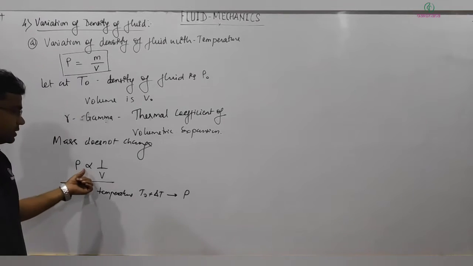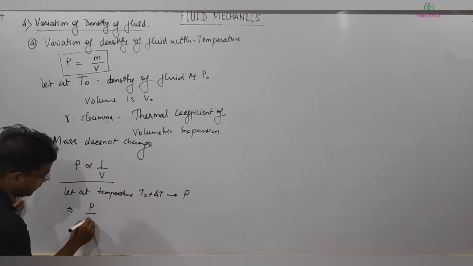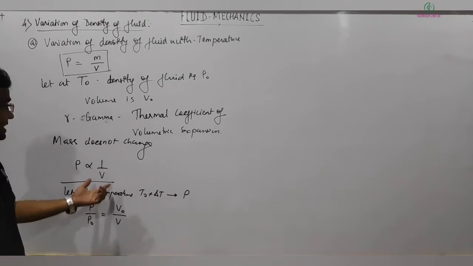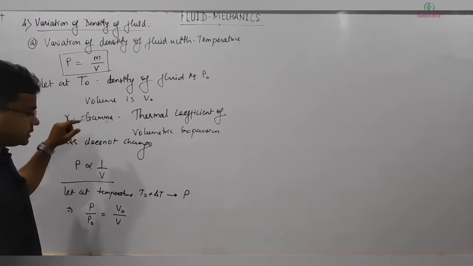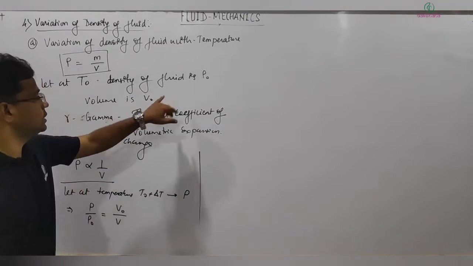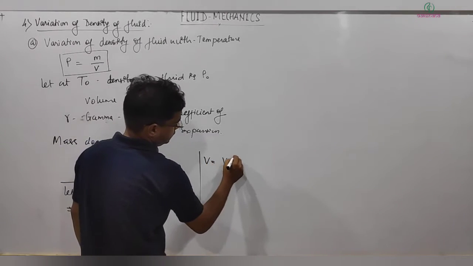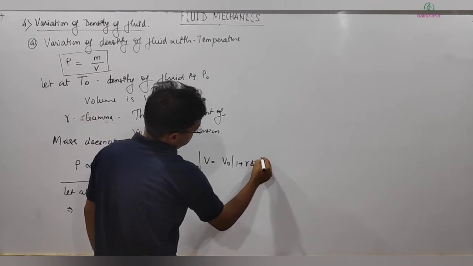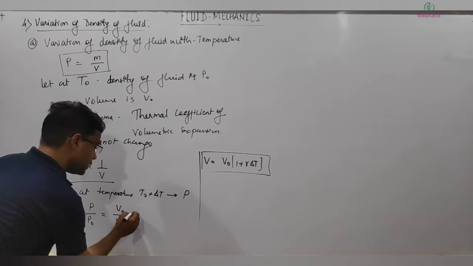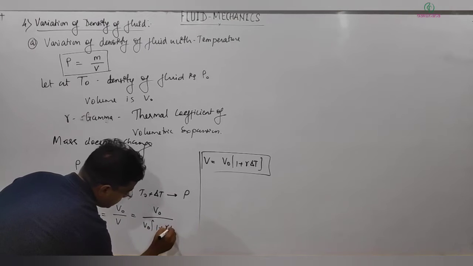Rho is inversely proportional to V, so I can write rho by rho naught will be equal to V naught by V. And if gamma is given as the thermal coefficient of volumetric expansion, and V naught is the volume at temperature T naught, then V can be written as V naught times 1 plus gamma delta T. So this can be substituted here. This implies it's V naught divided by V naught times 1 plus gamma delta T.